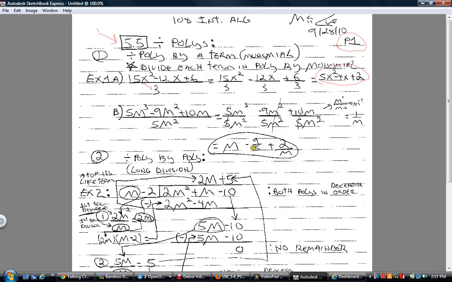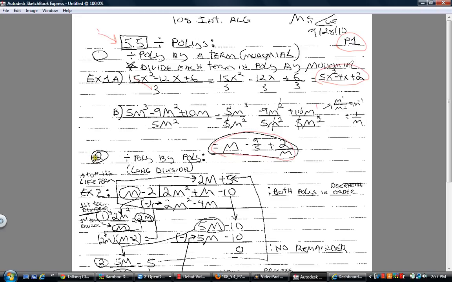The m squareds cancel out, and finally 10 divided by 5 is 2, and m to the first, and you can see the work over here. 1 minus 2 is negative 1. Flip it down to the other half, and you've got 2 divided by m up here in your first guy. Okay, so there you're doing good.